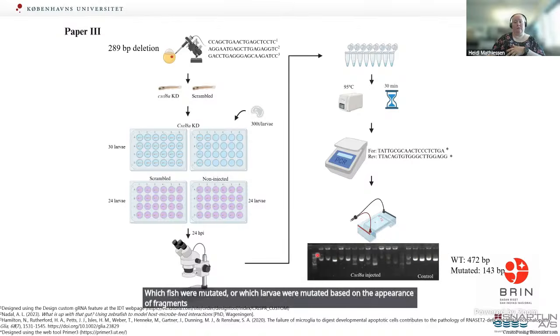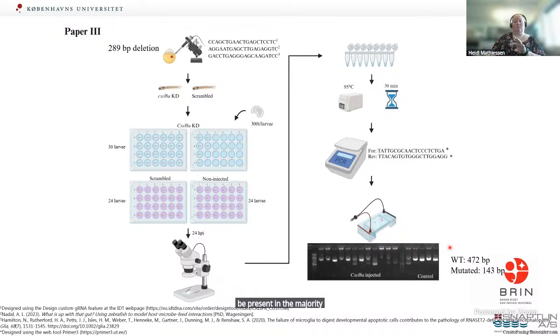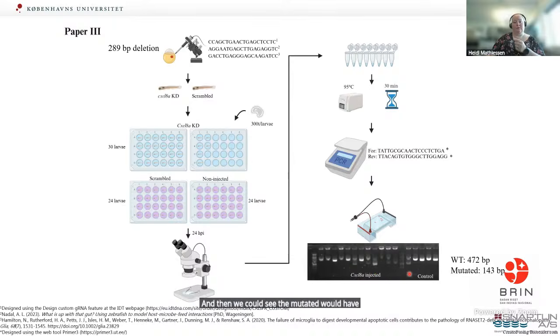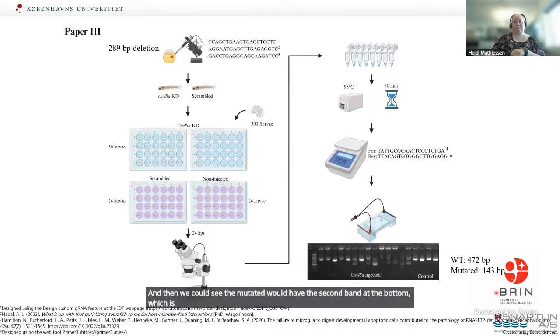The top fragment is the wild type band, roughly 472 base pairs. We expected that to be present in the majority despite being mutated, because CRISPR often only attacks one allele and not both. The mutated larvae would have a second band at the bottom, around 143 base pairs, because we've managed to take these 289 base pairs out.